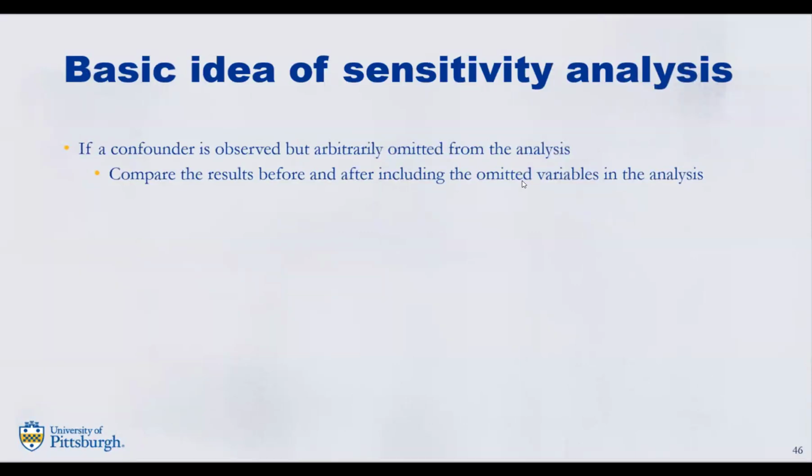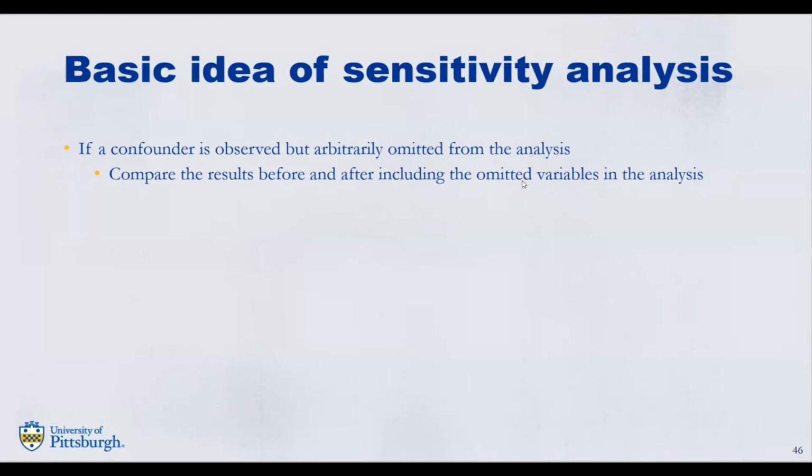That's the idea. The idea is very similar to the first one, if a confounder is observed. If a confounder is observed but arbitrarily omitted from the analysis, then we can compare the results before and after including the omitted variables in the analysis. This can be easily done because the confounder is observed. But if the confounder is unobserved, we can derive its conditional distribution and randomly draw it from its conditional distribution. To account for its uncertainty, we can repeatedly draw it and adjust for these multiple draws.